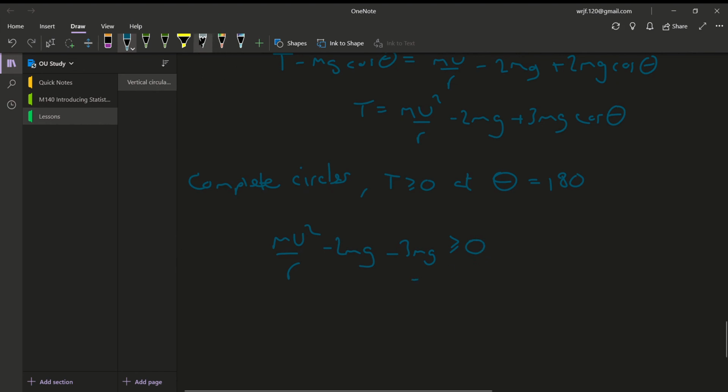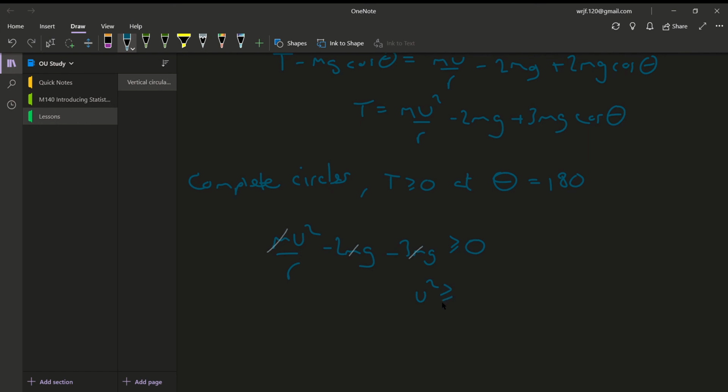Clearly the m's will cancel out of this inequality. And we can solve this to find out something about u, or rather u squared, which is more relevant.